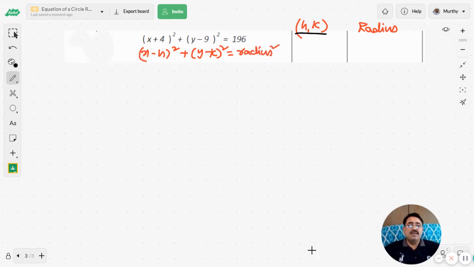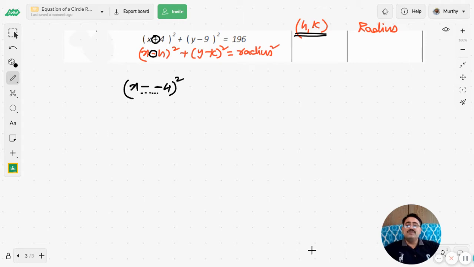Therefore, the center is h comma k. So x matching, but see that the signs are not matching here. Either you may rewrite it as x minus negative 4.